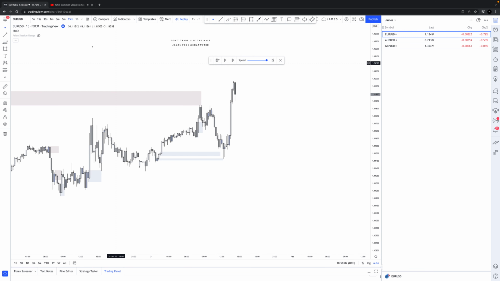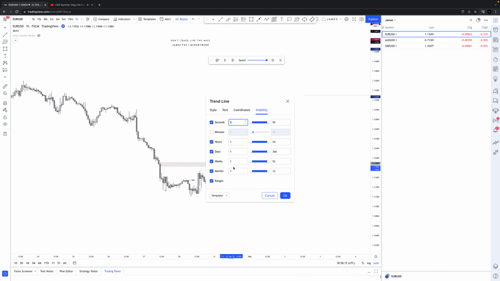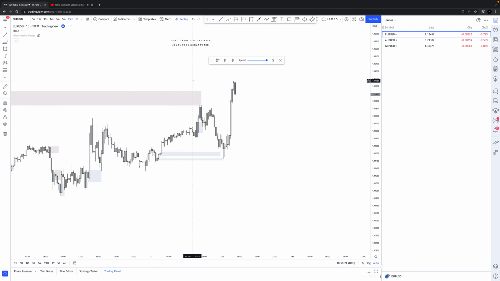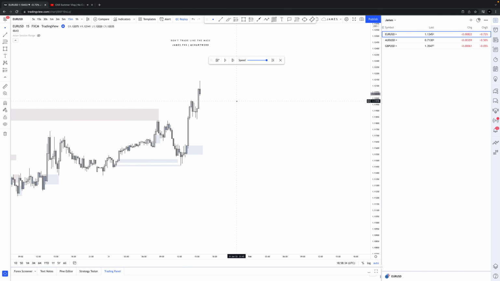And then on the hourly, you can see we've now broken a new high. Break of structure. Back to the 15. We can mark on the inside bar, this wick. That's our next area. Okay, let's continue.